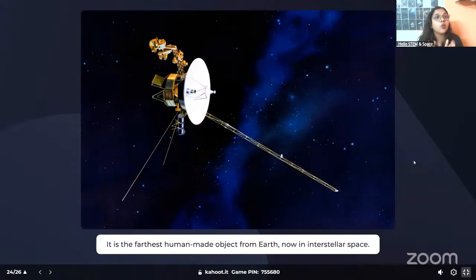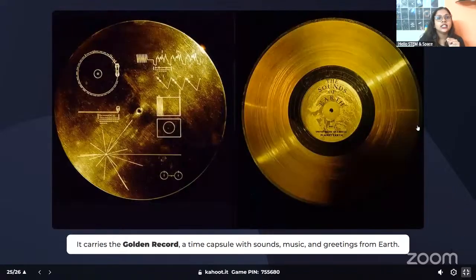And Voyager 1 took that picture, the pale blue dot, a small picture of our Earth from space. Voyager 1 is very interesting because it carried these golden records. These golden records included different types of music and sounds from Earth, and greetings in different languages.